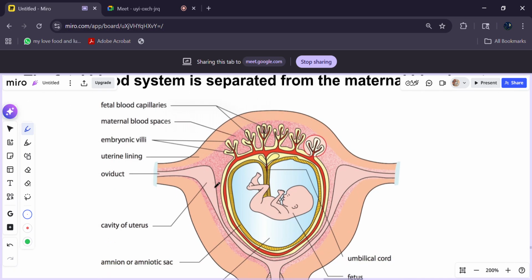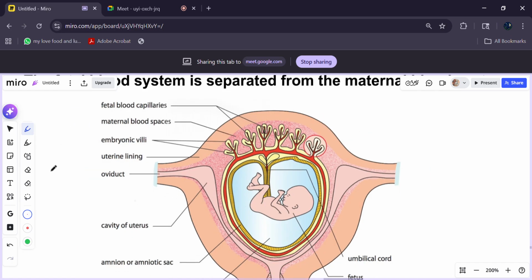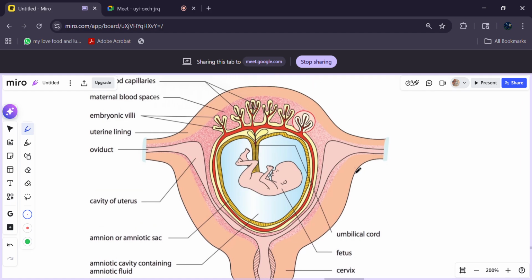In the placenta, the blood capillaries of the fetus are separated from the mother's blood by only a thin layer of tissue. Diffusion of the dissolved substances can only occur across this layer of tissue. However, pathogens and toxins that may be present in the mother's bloodstream can pass across the placenta and affect the fetus.